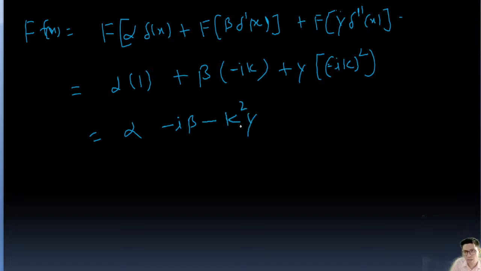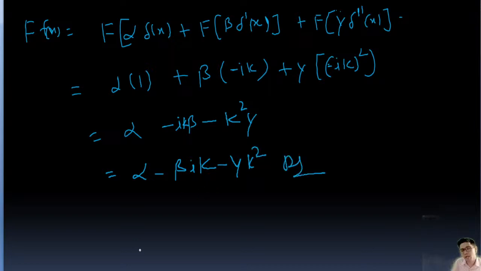So this value is alpha minus beta ik minus gamma k square, right? This is the answer, guys. Very simple question asked in December 2015. Okay, alpha minus beta iota k minus gamma k square. Well, next question, guys, we are going to solve.